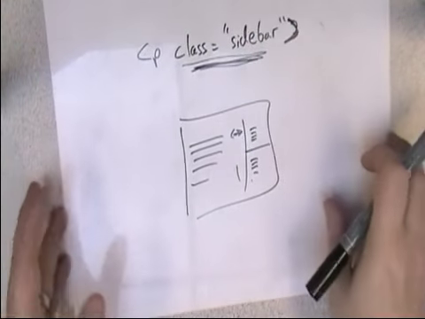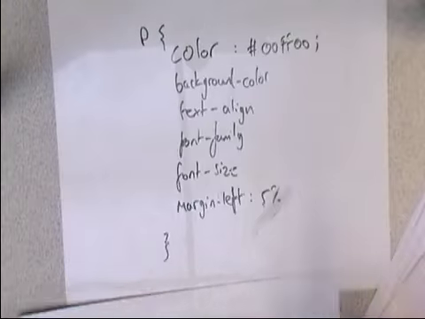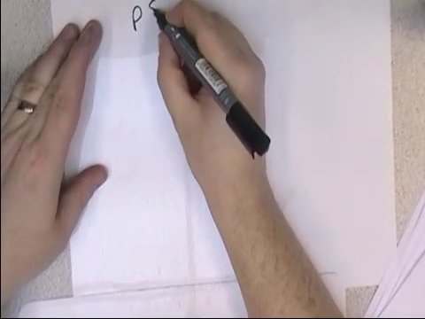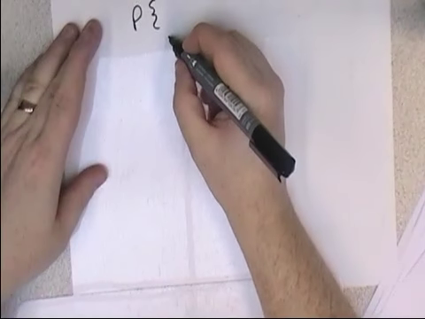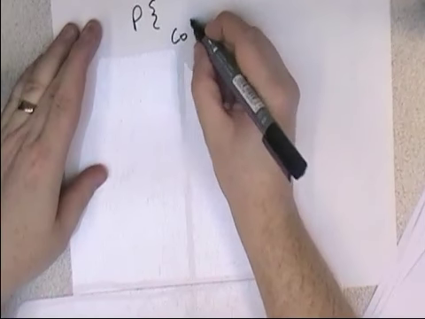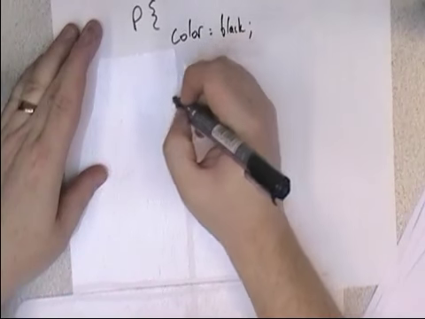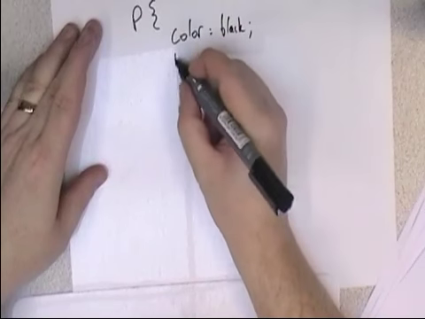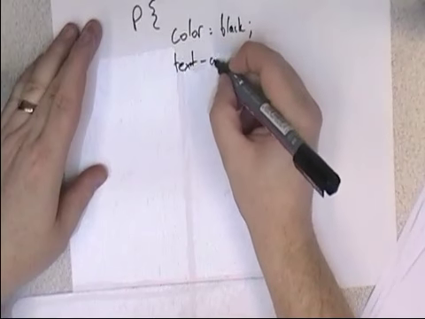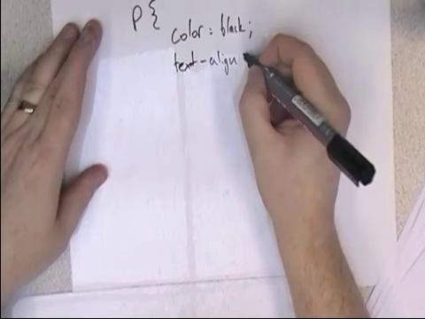and then anything that is in a class supersedes what I've said about the paragraph. Okay, so for example, in my CSS file, this is from the last video, my paragraph, my normal paragraph, is going to have text colour of black, and it's going to be aligned to the left.